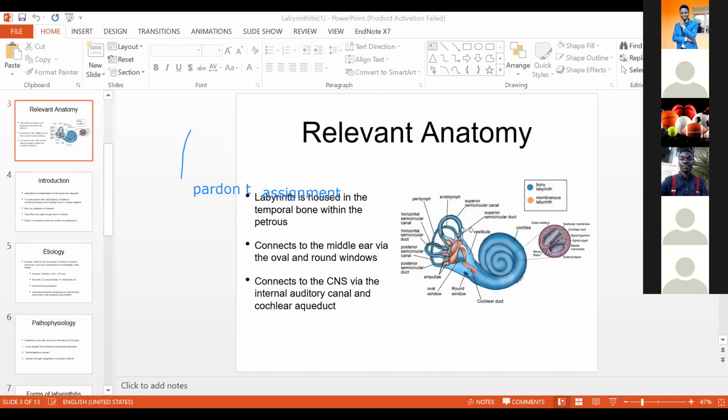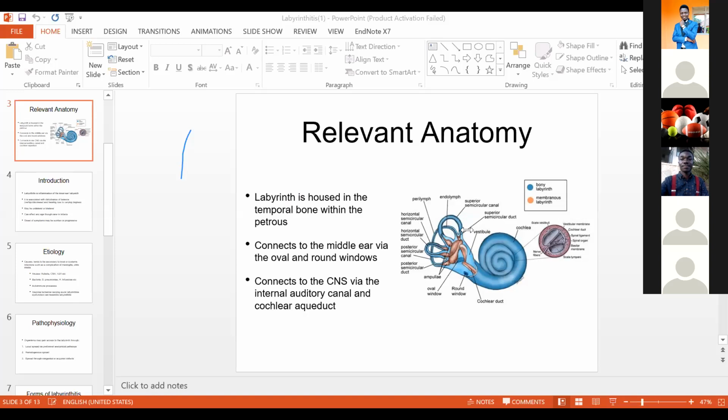How do we treat a patient with cholesteatoma? A patient who has cholesteatoma, we treat them by doing mastoidectomy. Mastoidectomy is where we drill the mastoid cavity. It's done obviously under GA.